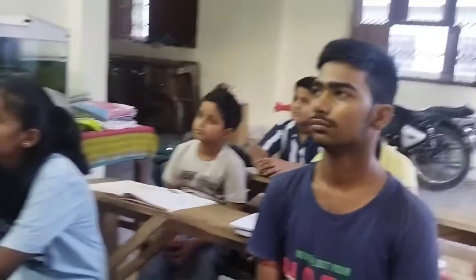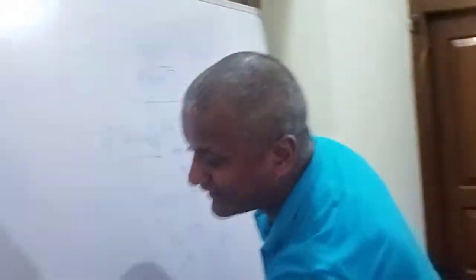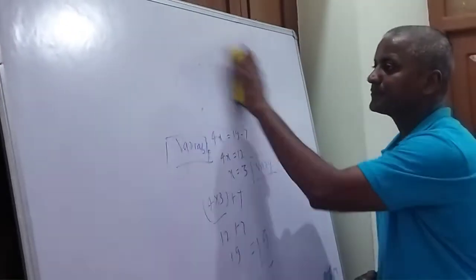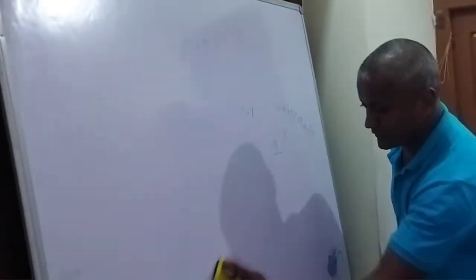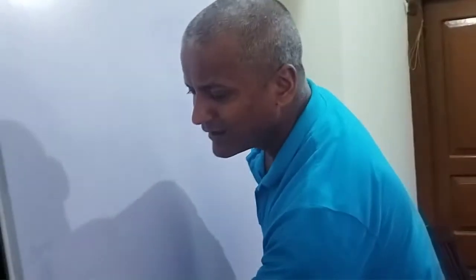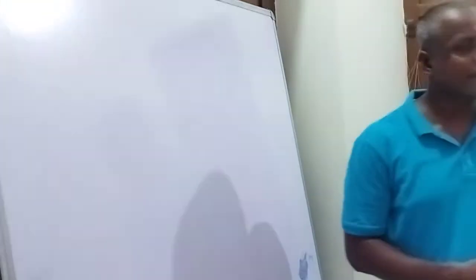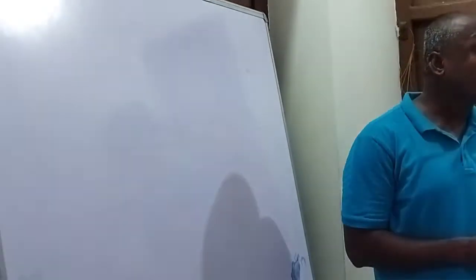Now we'll come to the topic of two variables. This one is an example of an equation in one variable. Now we get to two variables. Let's see how that is. So you have understood till here? Everyone? Yes, sir. Good. Now as we said, here x is one variable, so that is why we call it a linear equation in one variable.